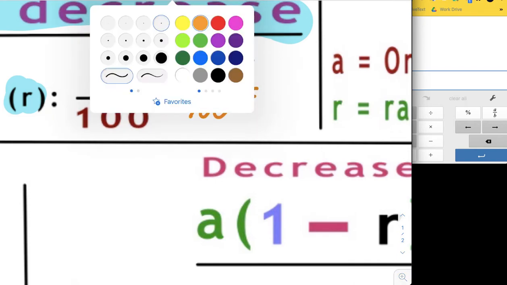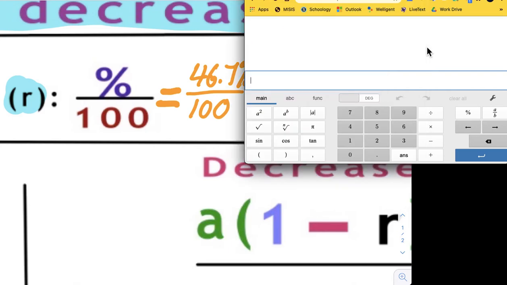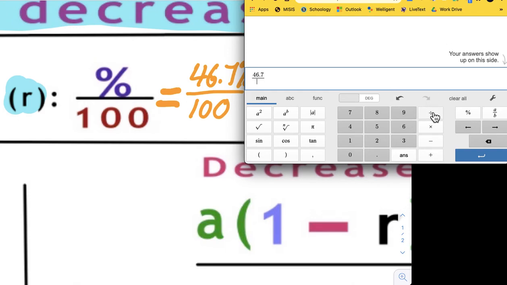46.7% divided by 100. So we are going to take our calculator here, and we're going to use the decimals calculator that you all have on Schoology, right? And we're going to say 46.7 divided by 100, right?